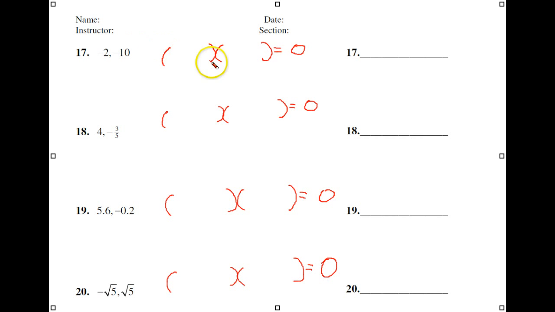Well, again, it's opposite signs. So this will be a 2, and this will be a 10. And we just stick our x there. Now, this is going to be a -4. And watch this one now.